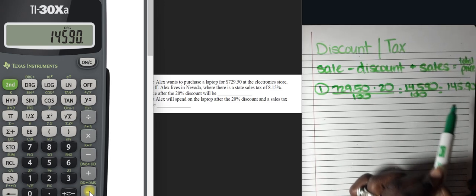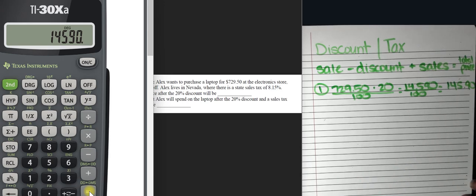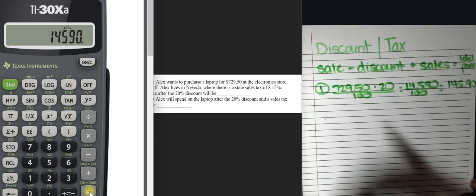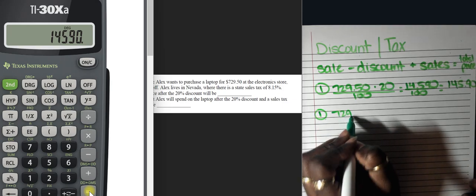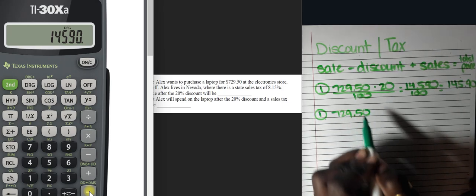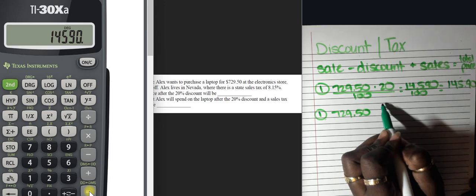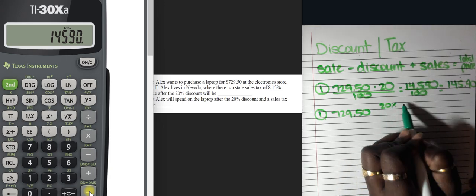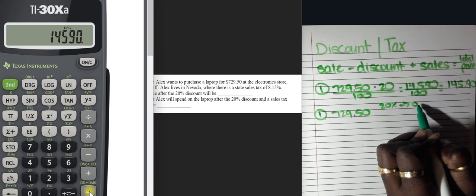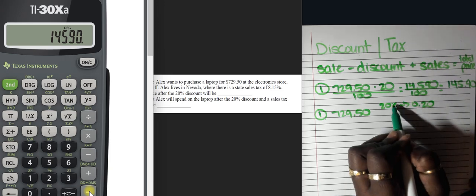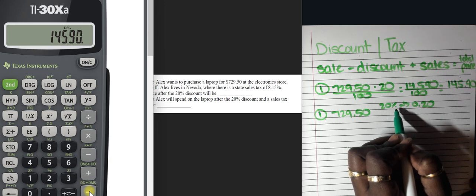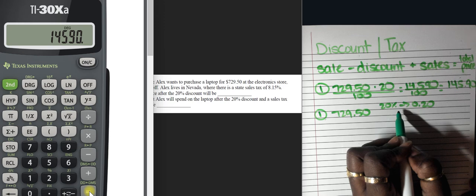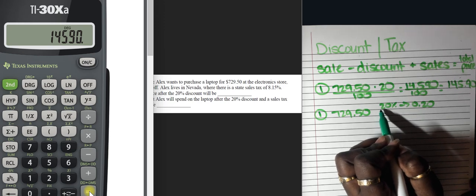So this is just the discount. Another way for us to find the discount is that we could use $729.50 times 20%. Remember, we can convert 20% into its decimal equivalent, which is going to be 0.20. You're just removing the percent sign, going to where the decimal is, and then moving it 2 places to the left.